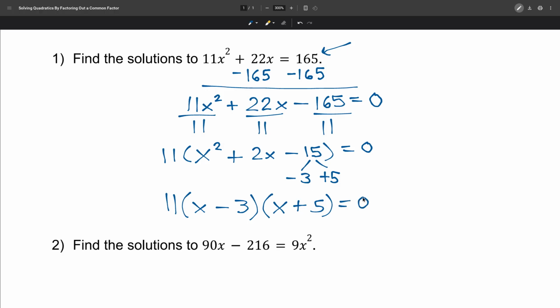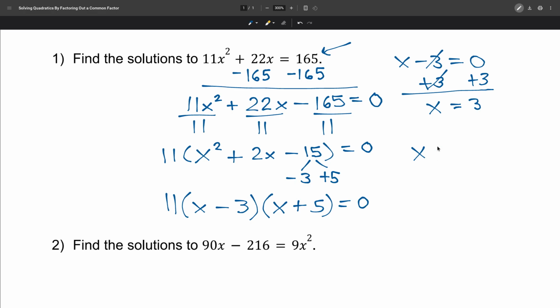Okay, now I'm going to find my two solutions by setting my individual factors equal to 0. Obviously, we can't set 11 equal to 0, but we can set x minus 3 equal to 0. To solve for x here, we'd add 3 to both sides. We get x equals 3 as one of our solutions.